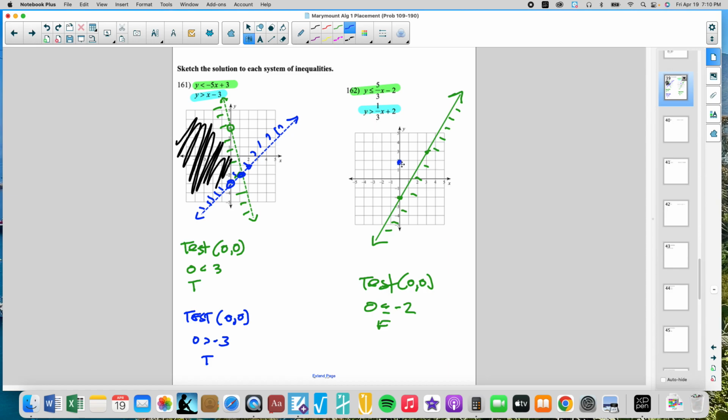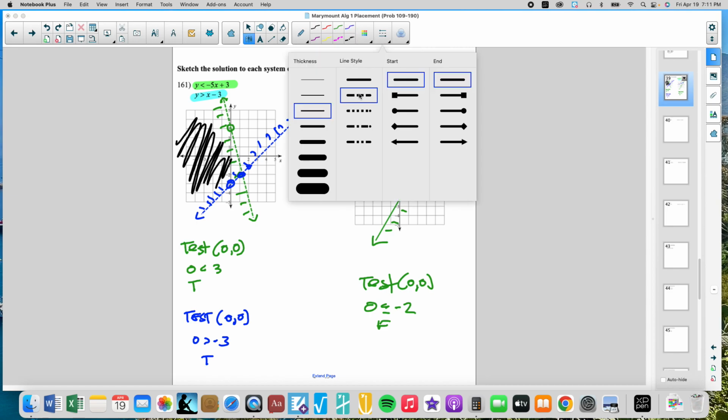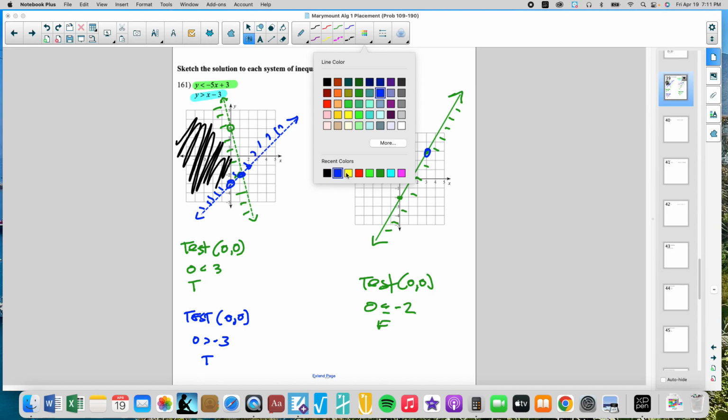2, closed, oh, no, open circle. Paying attention, open circle. Slope is up 1, right 1, 2, 3. That's an open circle. Down 1, 2, 1, 2, 3. Let's do dotted. Now we're back to dotted. We're back to blue color.